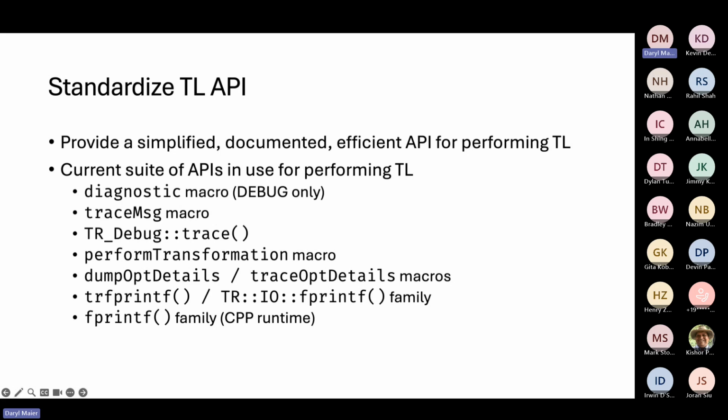Trace message is quite common. It's used quite a bit in the optimizer and some of the common code. Its claim to fame here is that it does do a check, and we can talk about this in a sec, to see whether or not the debug object is loaded.